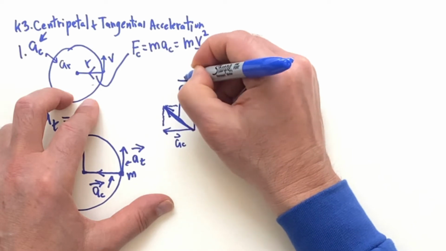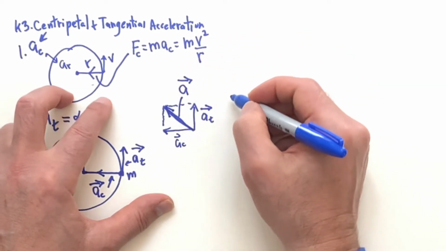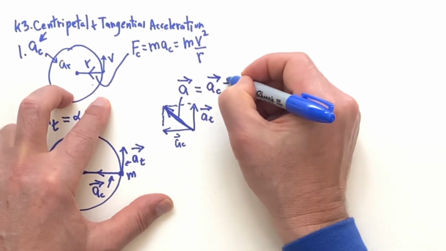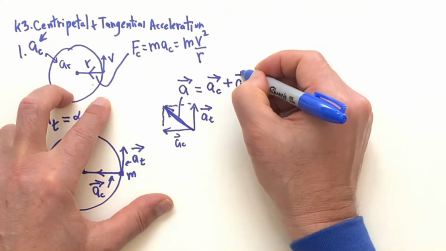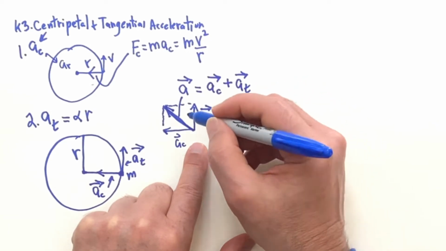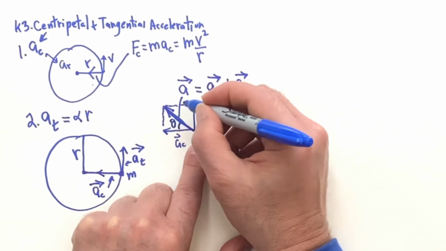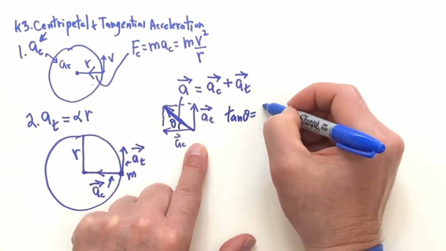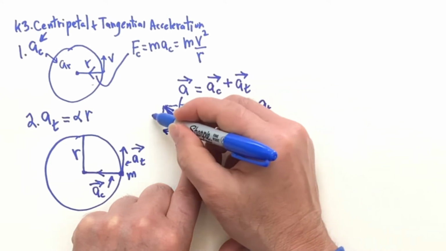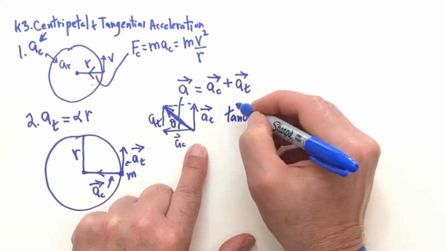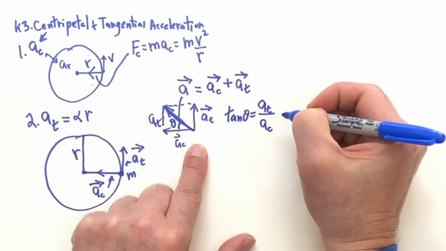So this is the total acceleration, which you can write down as the centripetal vector plus the tangential one. And then the angle here, if you want to find this angle theta, the tangent of that angle is equal to AT, the other side of that rectangle, divided by the magnitude AC, like that. And that gets you the angle.